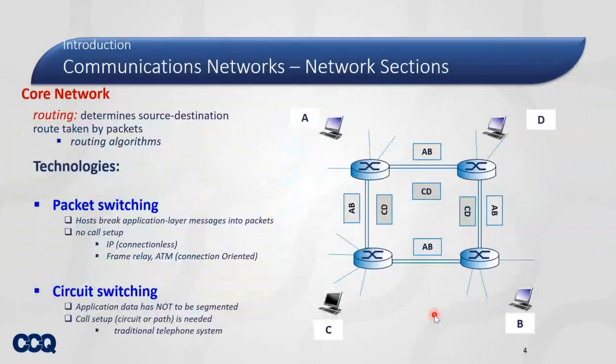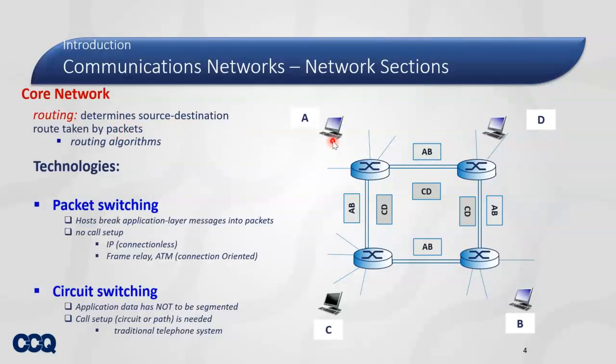Now, in the core network, we explained that we have routers. And here we do routing, like OSPF, EIGRP, RIP, ISIS, and other types of routing protocols. What's the goal of routing? What is the purpose of routing? The routing determines the source to destination path, the best path from source to destination.